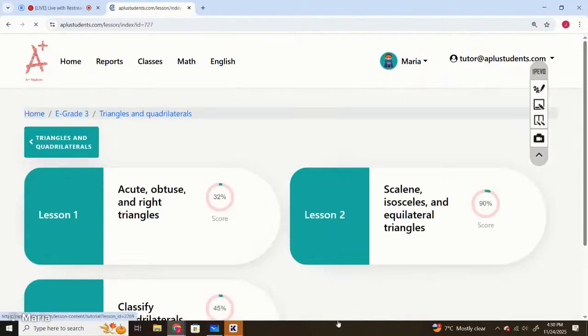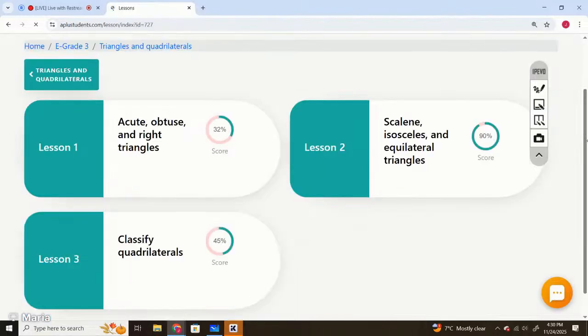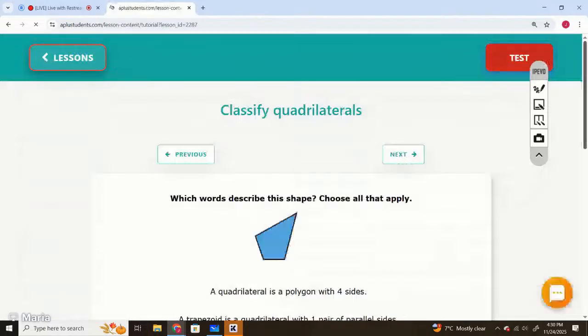Okay, we are done with the lesson. Let's move on to the next lesson. The next lesson is classify quadrilaterals. So let's start with the lesson.